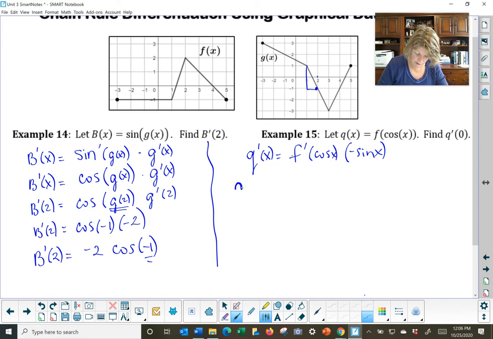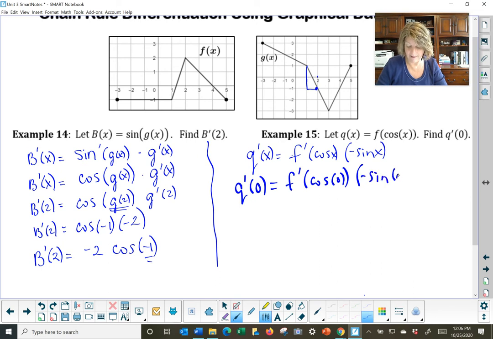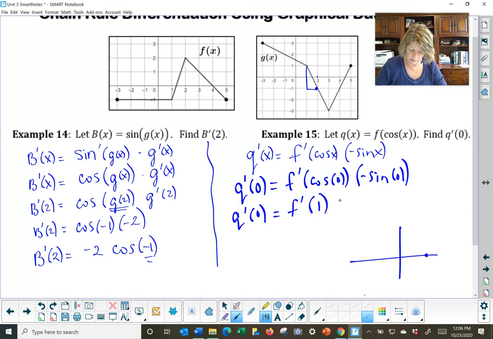So this will be q prime of 0 equals f prime of cosine of 0, that one I can do in my head, times minus sine of 0. That one we also know. So we just got to go after some of our common unit circle values. Cosine of 0 is 1. Sine of 0 is 0, so I'd have times 0.